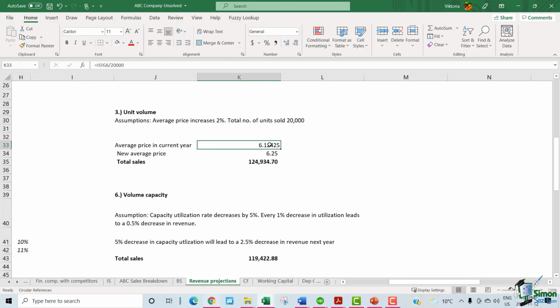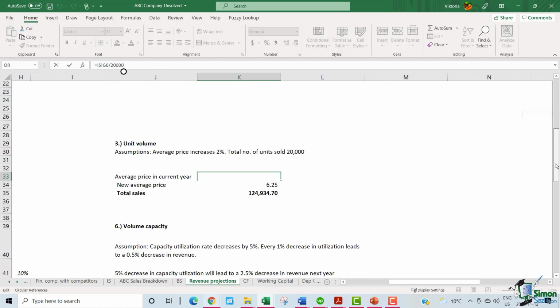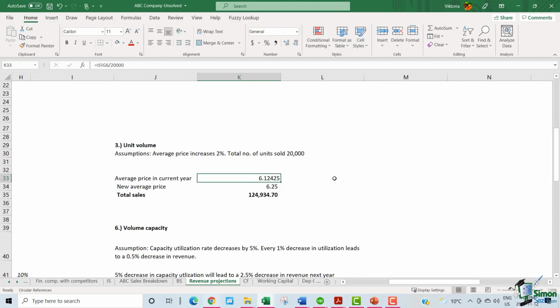Firstly, let's calculate the average price in the current year. This is simply the net sales for 2020 divided by the total number of units sold, which in this case is 20,000. So the net sales is $122,485. We divide that figure by 20,000 to arrive at the average price in the current year of $6.12. The new average price, as per our assumption, increases by 2%.